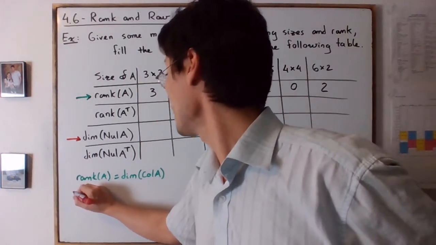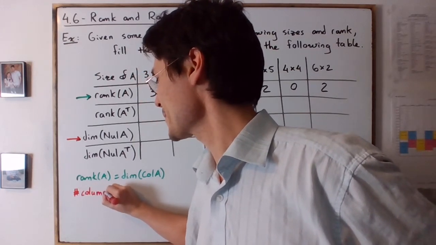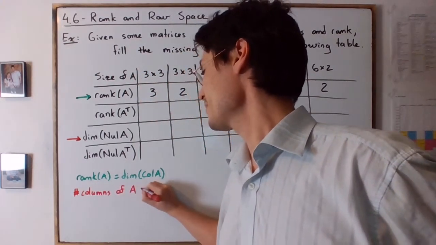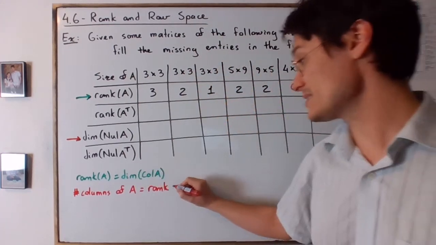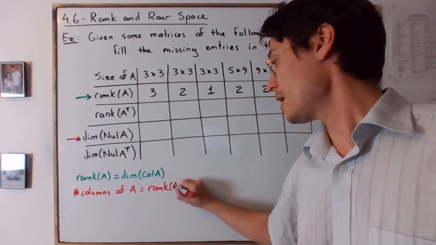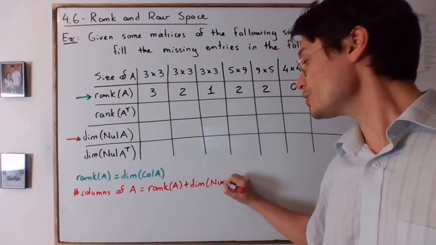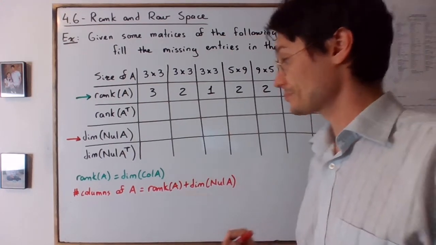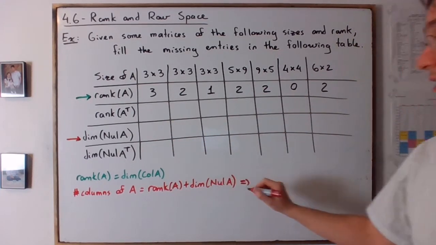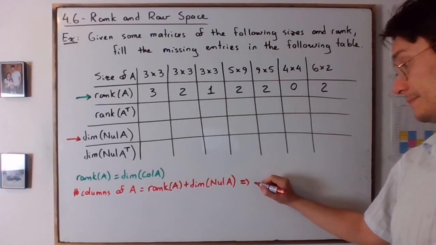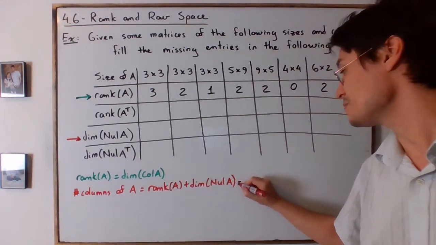The number of columns of A is equal to the rank of A, the dimension of the column space, plus the dimension of the null space of A. So to fill that row, you're going to subtract the rank of A. Let's name the number of columns of A to be n.